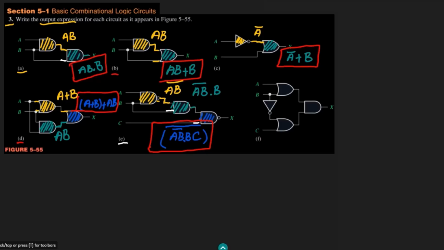As we can see here, we can also simplify it by using DeMorgan's law as well, but I am not doing it because I just have to find the output of these gates.